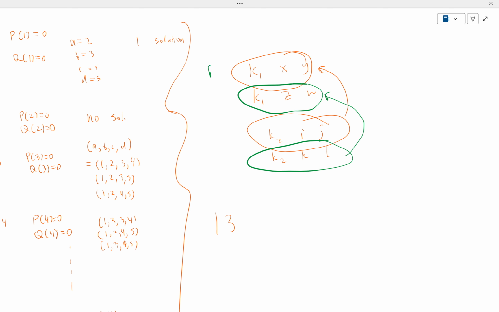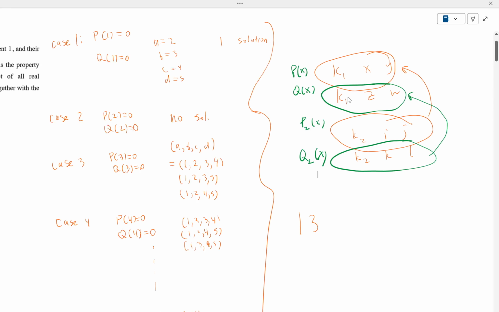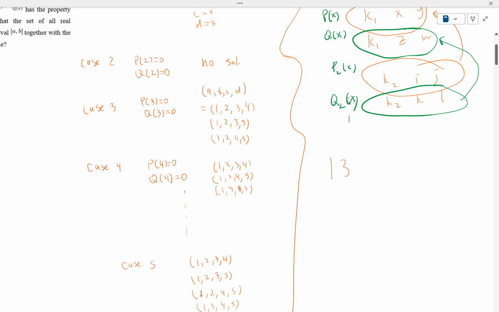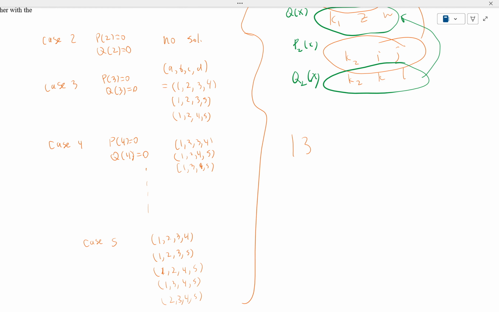So this is P of X, and this is Q of X, right? And this is P2 of X, and this is Q2 of X. It happens 5 times, so we've actually overcounted by 5. So that means the actual answer is 8.